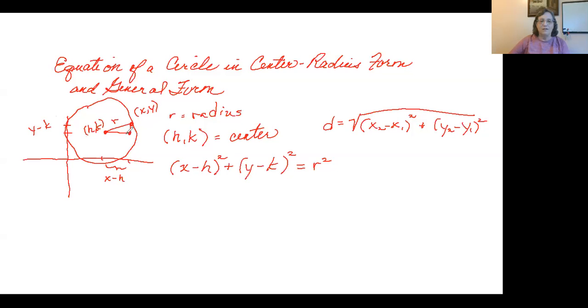So x minus h squared plus y minus k squared equals r squared. That's where the formula comes from.